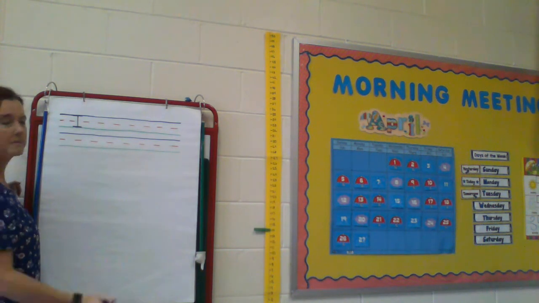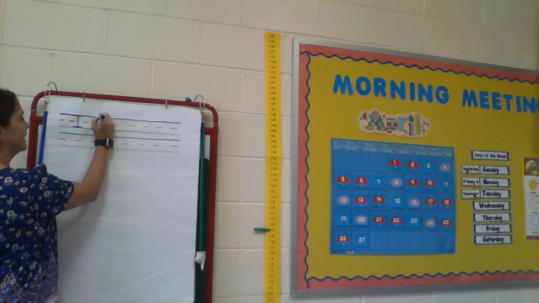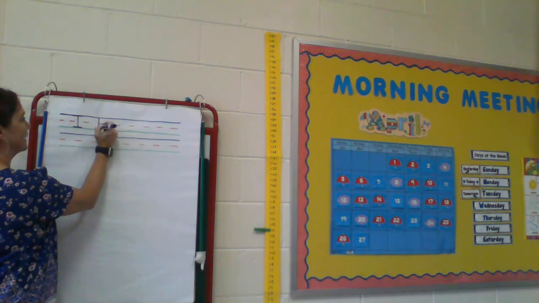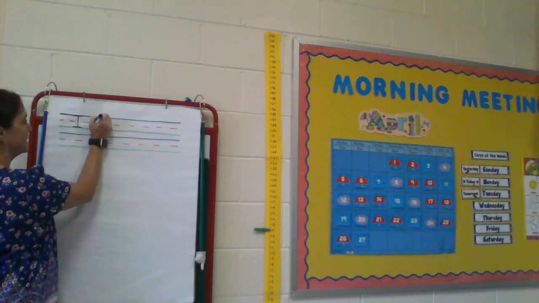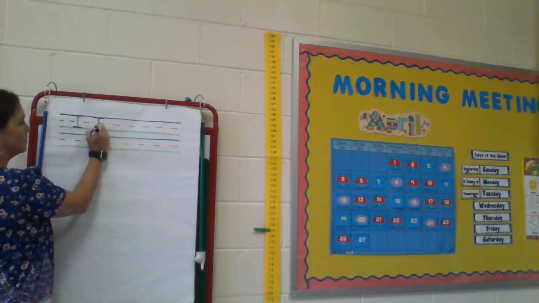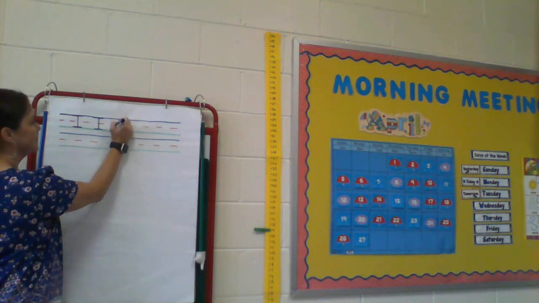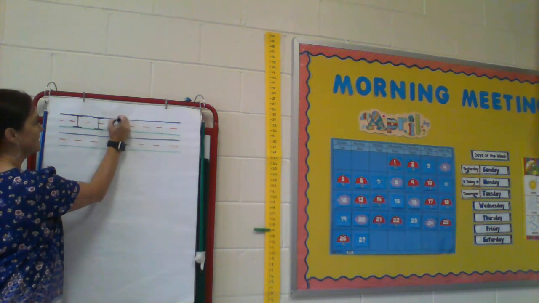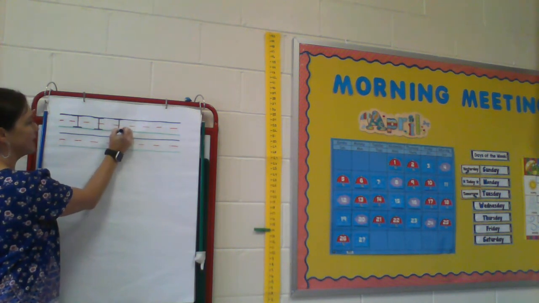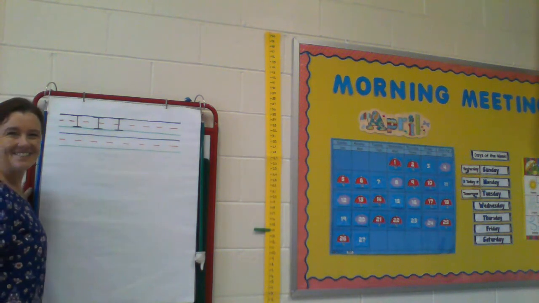Can you see that? Let me show you one more time. Line down, go back up to the top and give it one line at the top and one line at the bottom. Line down, line at the top, line at the bottom. Very easy.